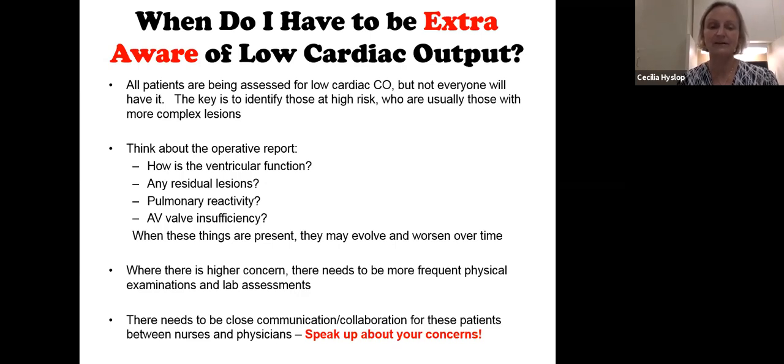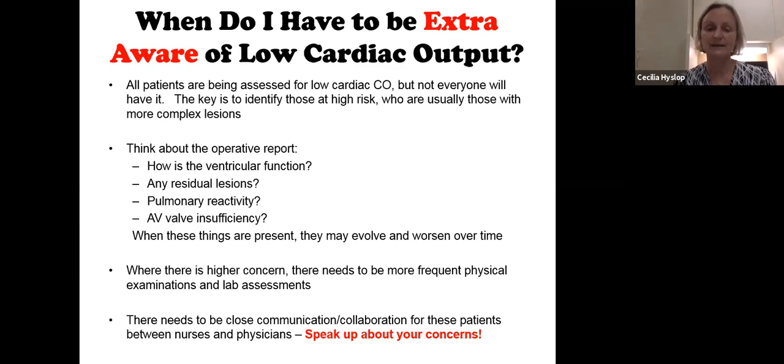When these things are present, poor ventricular function, residual lesions, pulmonary reactivity, or AV valve insufficiency, then they may evolve or worsen over time. So where there is a higher concern, there needs to be more frequent examinations and lab assessments. There needs to be close communication and collaboration for these patients between nurses and physicians.